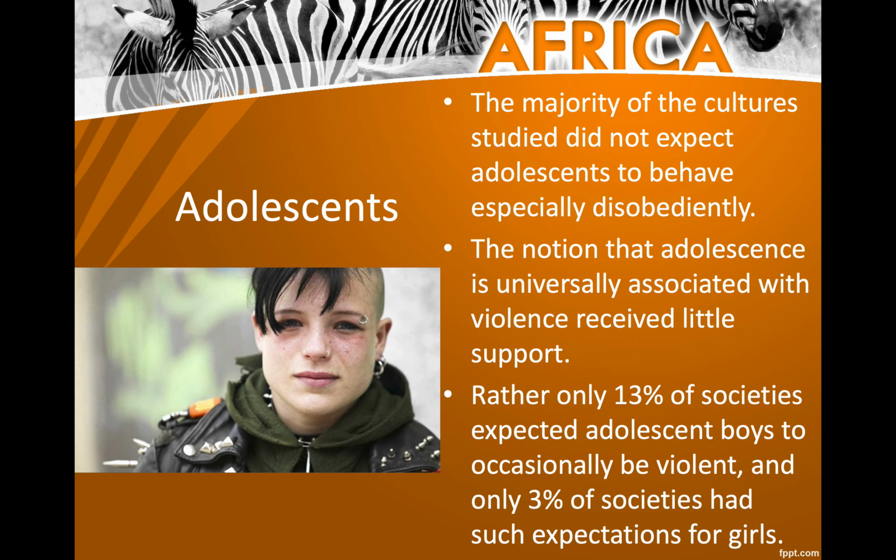The majority of cultures studied did not expect adolescents to behave especially disobediently. The notion that adolescence is universally associated with violence received little support. Rather, only 13% of societies expected adolescent boys to occasionally be violent, and only 3% of societies had such expectations for girls.